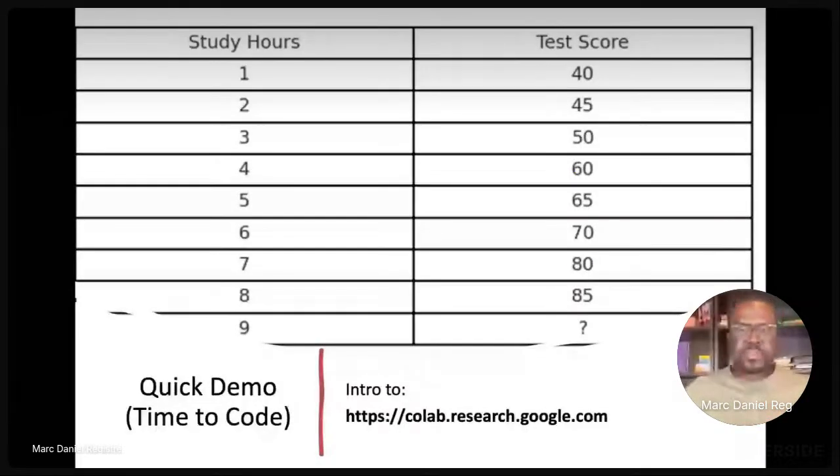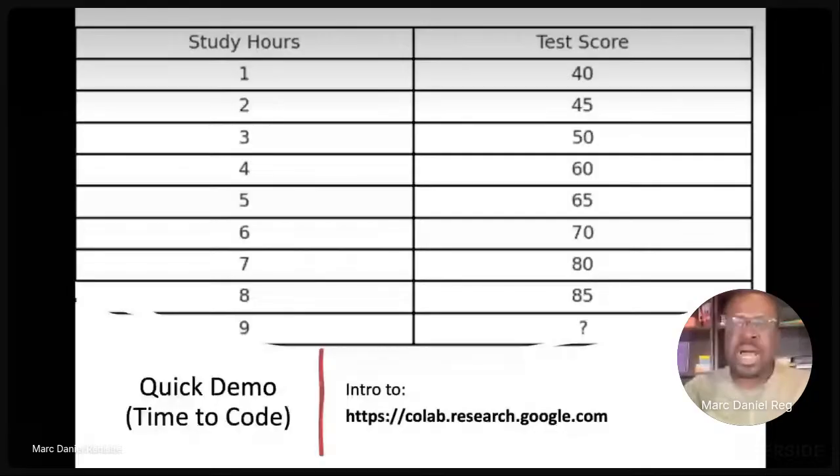Like I said, I want you guys to code. I want you guys to learn this. I want you guys to be able to take an Excel sheet, a comma separated file, and start finding patterns. So head to Colab. We will look at this simple data. We have our study hours, and we have test scores.